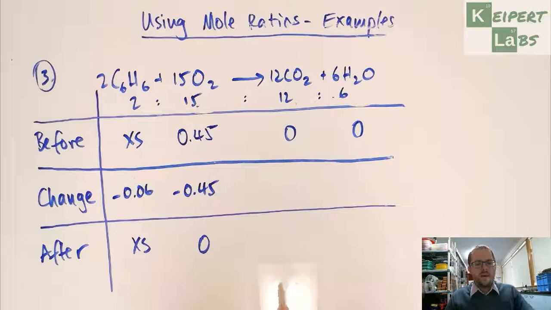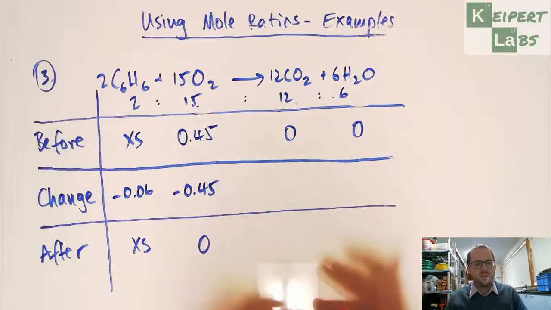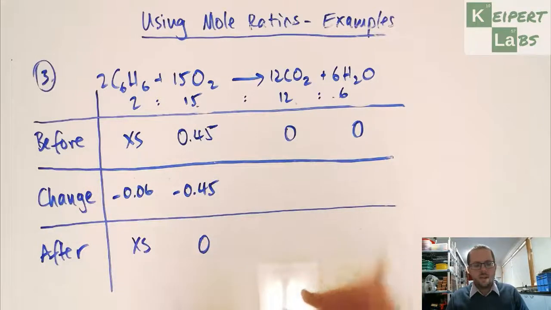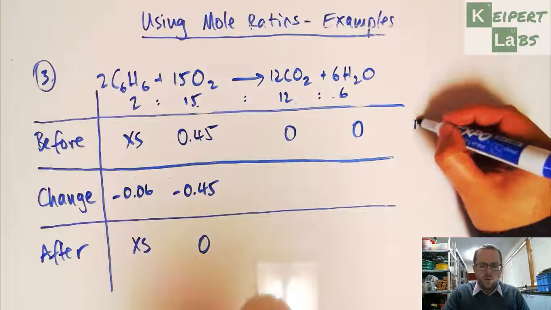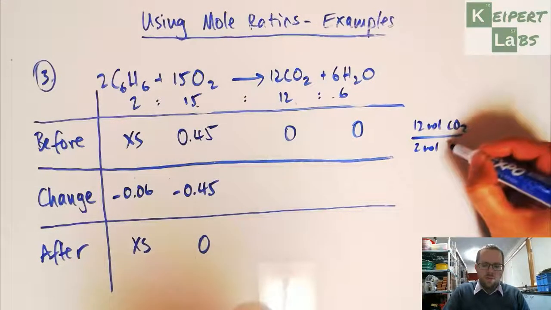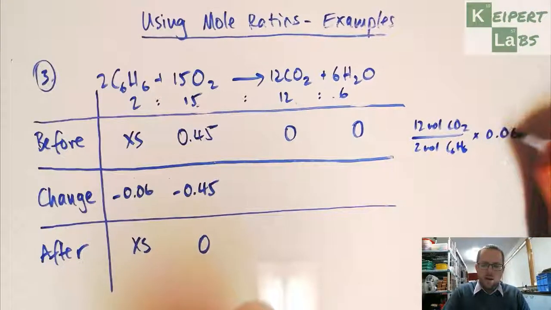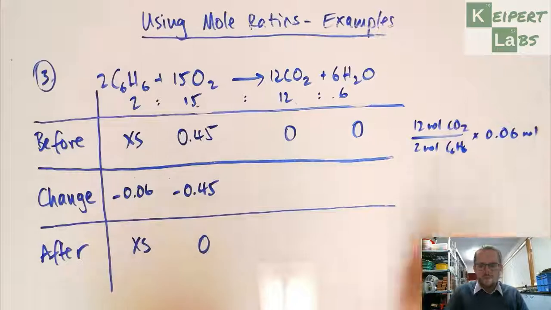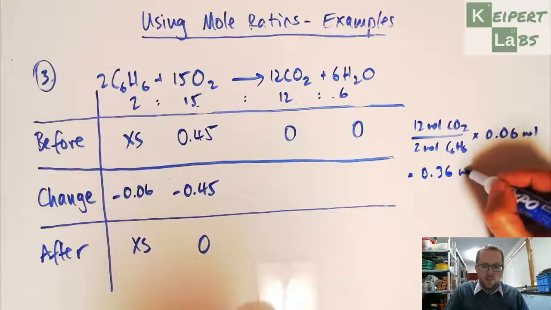Whereas the 15 is an odd number, the others are even, so I'm going to pick something simpler. I have 12 moles of carbon dioxide for every 2 moles of C6H6, so I'm going to multiply that by our 0.06 moles. So I get 0.36 moles of CO2.